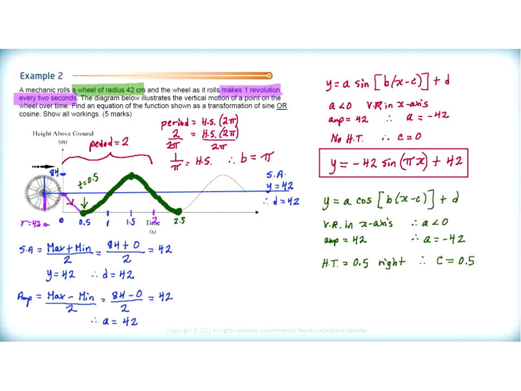We can now determine the equation using the other pieces of information as follows. y equals a negative 42 times the cosine of b, which is still going to be pi, times x minus 0.5. And then we add 42 at the end.